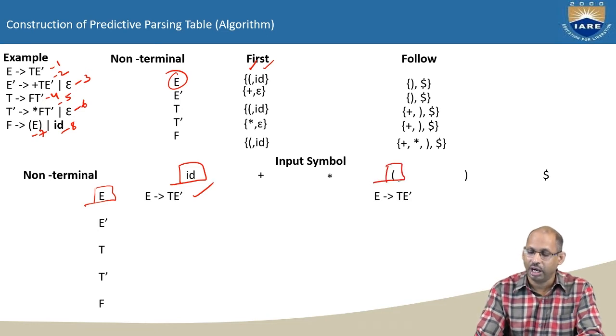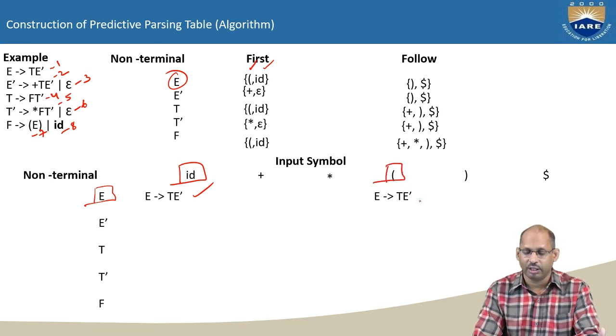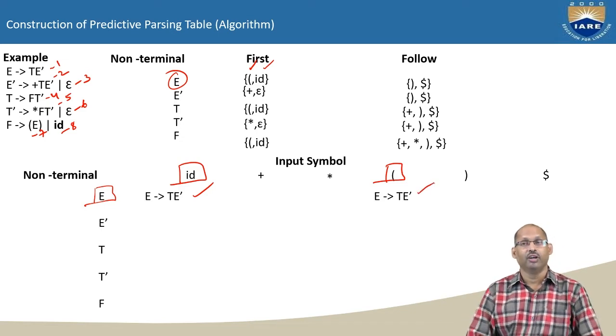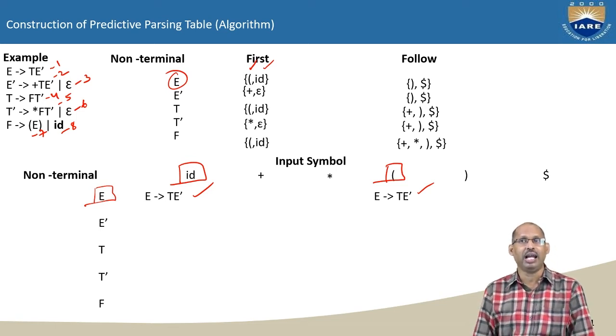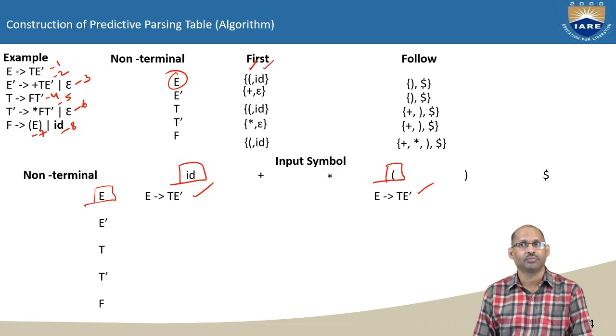In the column left parenthesis, we write the first production. We are considering our first production, E gives T E dash. Where we have to write this production? The first of E has two terminals. What are the terminals? Left parenthesis and ID.